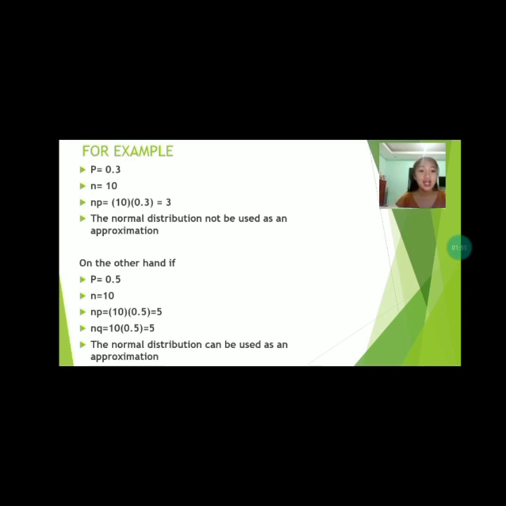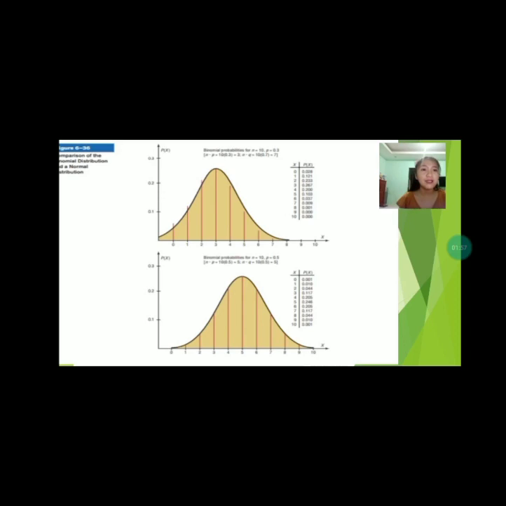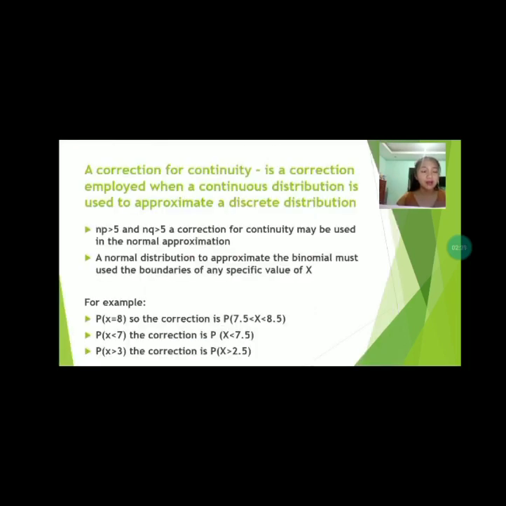So we can use the normal distribution as the approximation. For the binomial probabilities with n equals 10 and p equals 0.3, n times q, where q is 1 minus p, results in 7, which is not the same as n times p. But if p is 0.5, then it equals 5, so we can use the normal distribution.